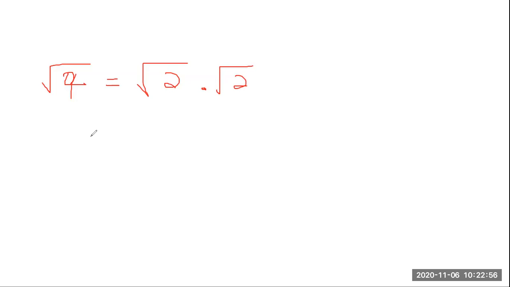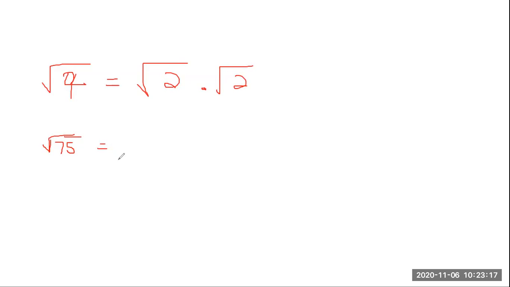My first example is the square root of 75. To find the perfect square in 75, I know 25 is a perfect square, right?